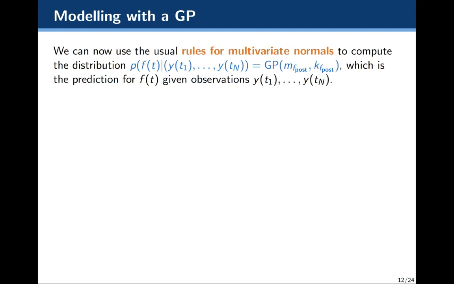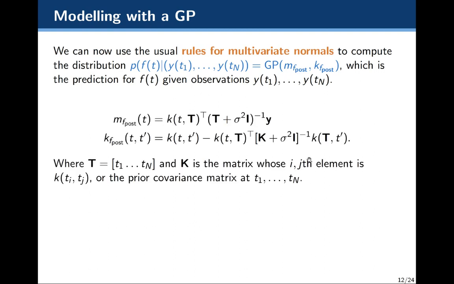Now, I've specified a prior distribution using a GP, and its mean and variance are specified by m and k. But if I'm given some new data and I've observed these y values, how do I update my mean and variance, or in other words, my Gaussian process, or the Gaussian that's defined at any new points that I want to index?